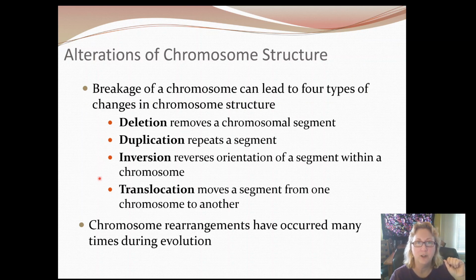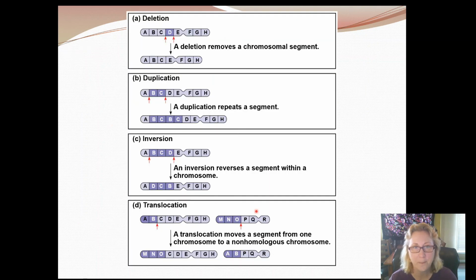And although these are usually bad when they happen, we can see that these have happened during evolution, because when you compare chromosomes from different species, like if we compare human chromosomes to mouse chromosomes, we can see that large chunks of the chromosomes are extremely similar, but in other cases we can see that there have been duplications, inversions, translocations especially.